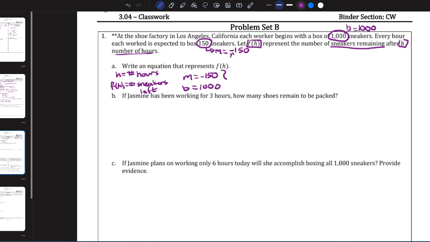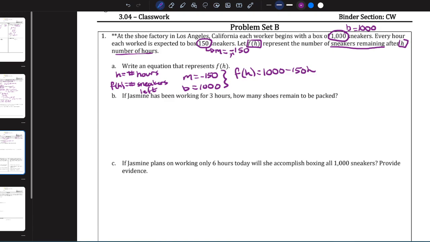And again, similar to problem set A, you're going to see me actually swap the order of these. So f of h is equal to 1,000 minus 150h. And again, the reason I'm switching this order is really in the context of this problem, it makes more sense to think of this starting value and us depleting from that starting value rather than having some negative number and adding the negative number to the starting value.